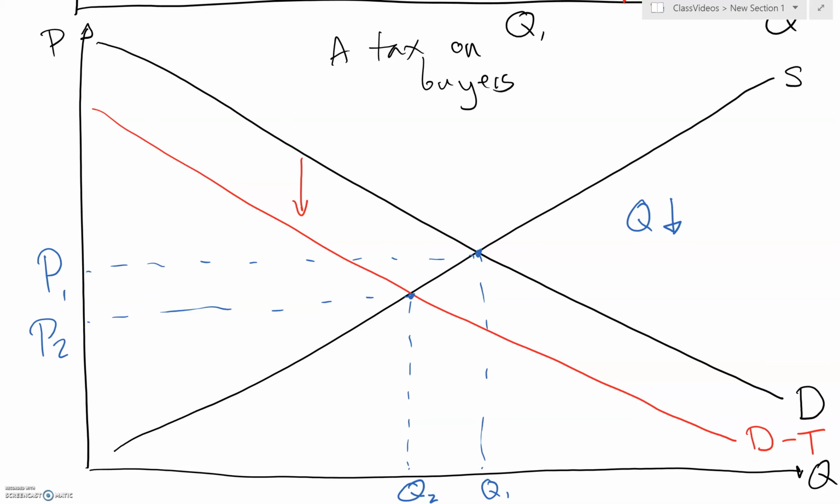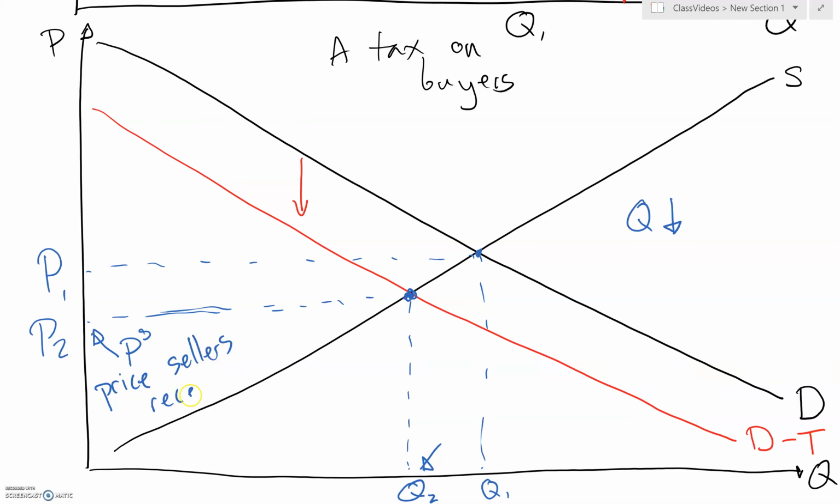Okay, but now we need to be careful about working out who's receiving and paying what amounts of money. Let's work out what's happening to sellers at the moment. Well, if this is the quantity being traded, it must be that sellers are receiving this much. So this is the price that sellers receive.